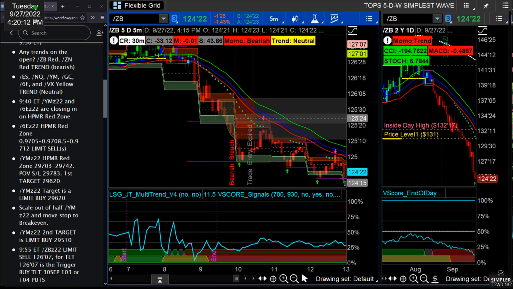So remember, gang, healthy trends do correct. And even though we had a lot of weakness in the long bond, we finally did get our correction, not only to the 21 exponential propulsion, but also right there, you can see it right into the HPMR. These are the zones that we wait for. And look how long we had to wait.